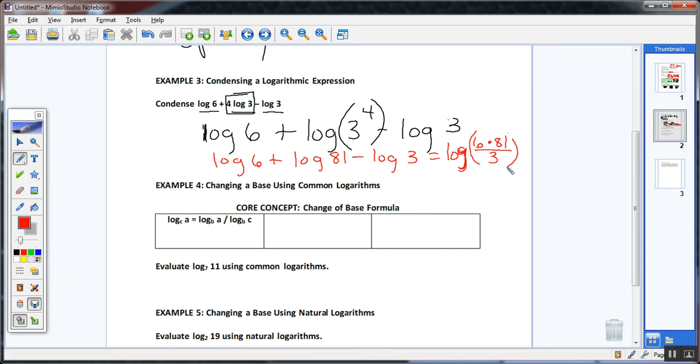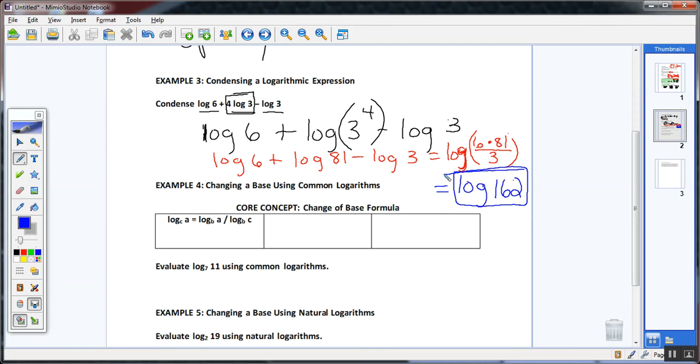Okay, somebody run 6 times 81, divide 3 for me. Hopefully you get 162. So this is really the same as the log of what value? 162.